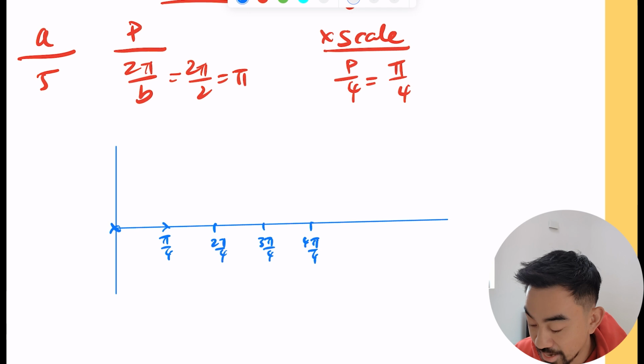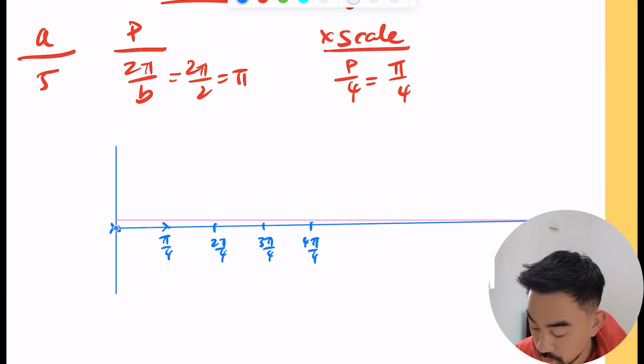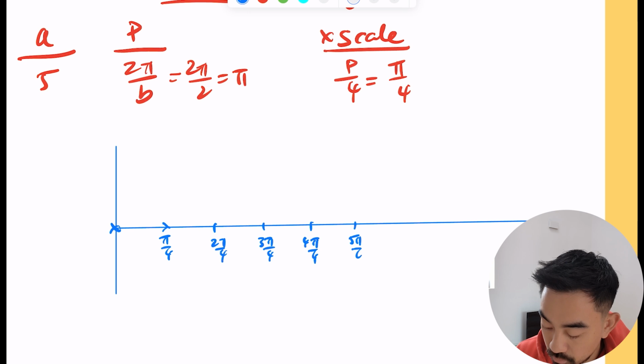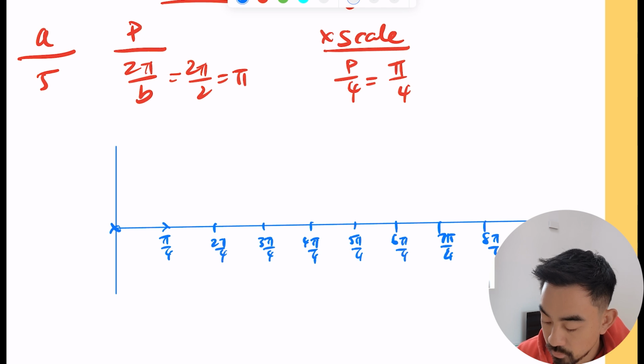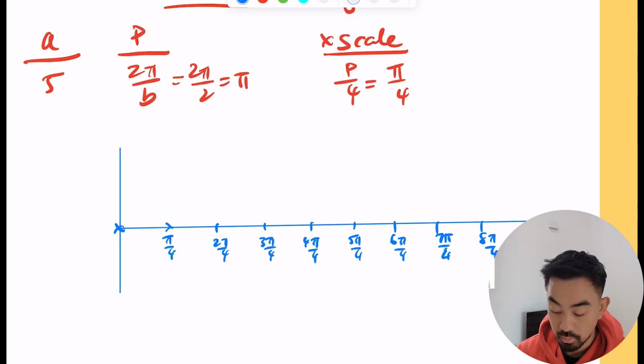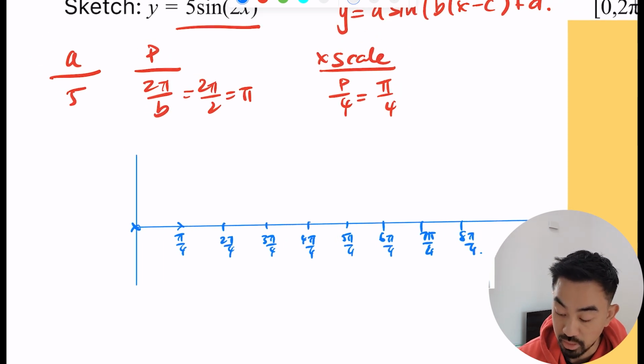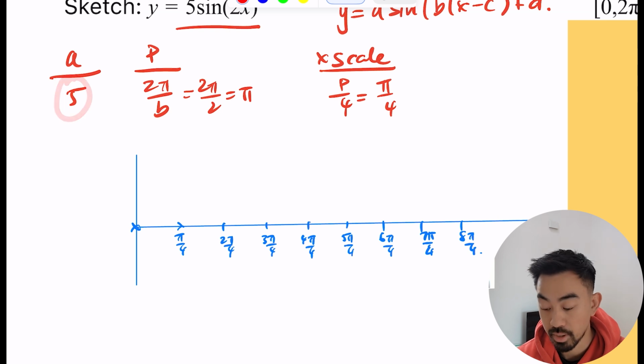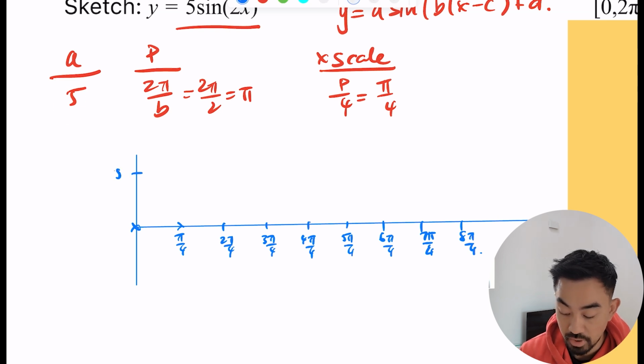So we've got to go all the way to 8 to get to 2 pi. All right, so that's your x scale done. Put in your amplitude. So what's your amplitude? It is 5. So instead of having 1 and -1, it's going to be 5 and -5.